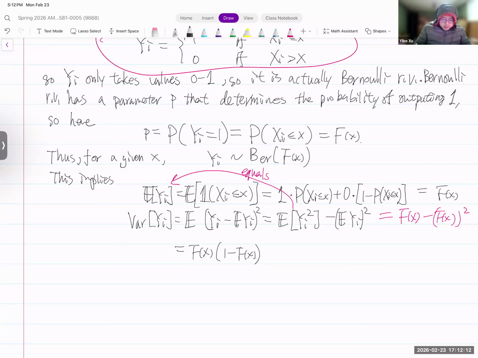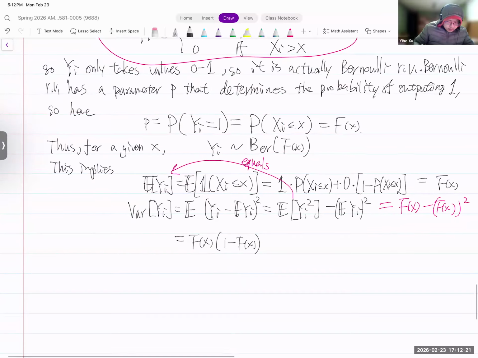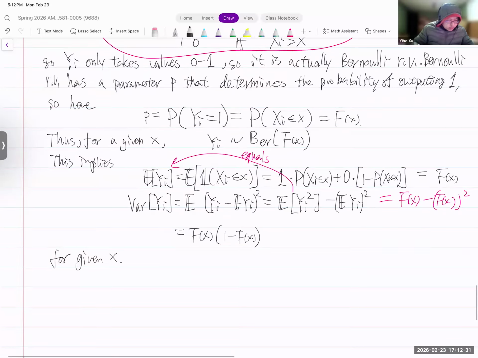Of course, we are now looking at the sample average, which is even more simplified. This is for a given x. Just remember we need to fix x first in order to do this calculation.